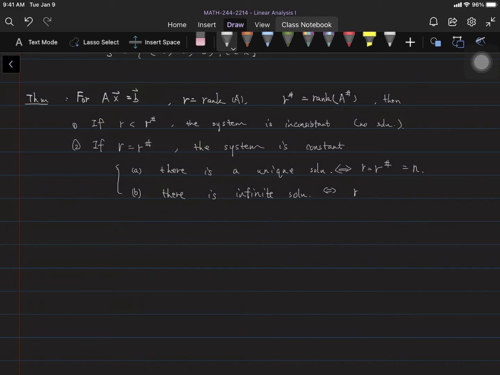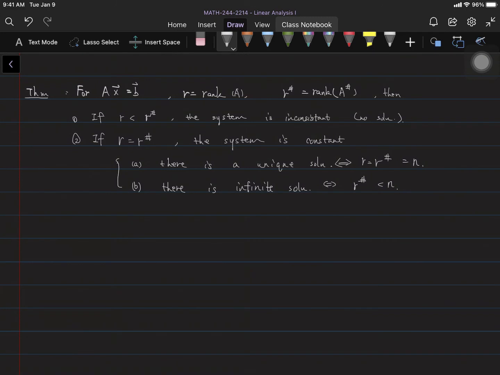So think about our matrix. If it has zero rows, then the rank is less than n, meaning the rank of the augmented matrix is smaller than n. So this is the summary. In the future, you don't need to memorize, but when you see a matrix, you should tell when it is inconsistent, when it is consistent, and if it's consistent, for what kind of augmented matrix it has infinite solutions and a unique solution.